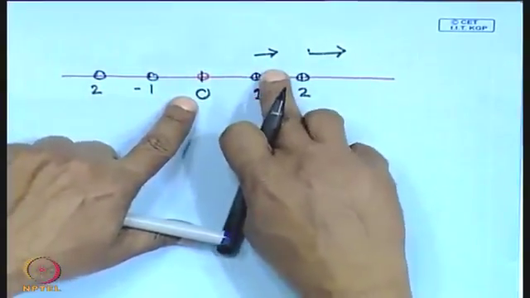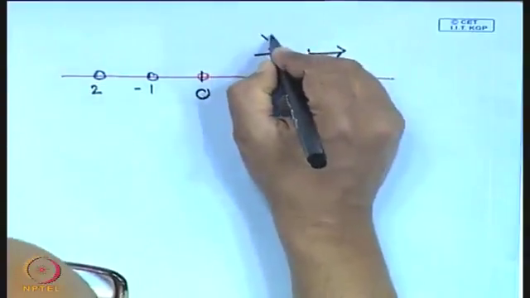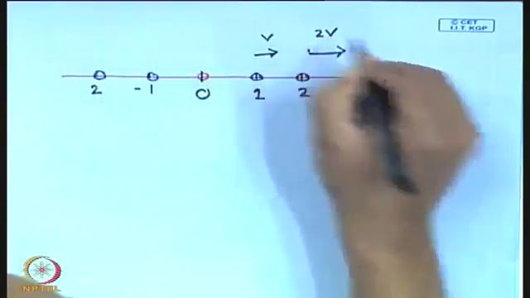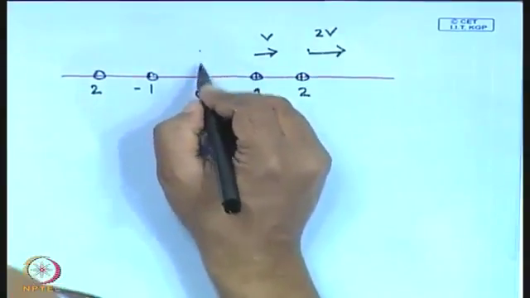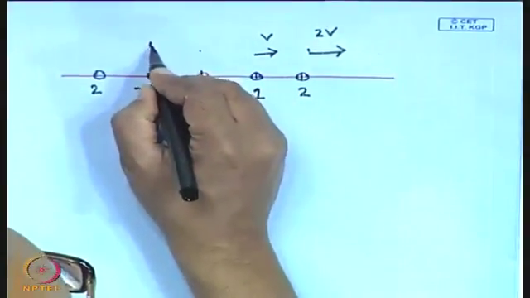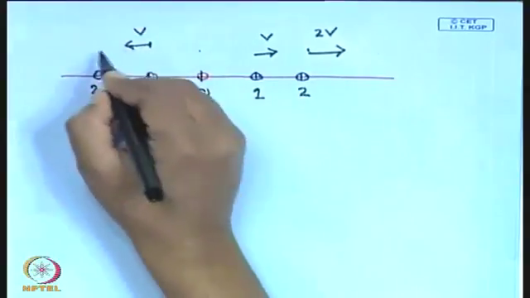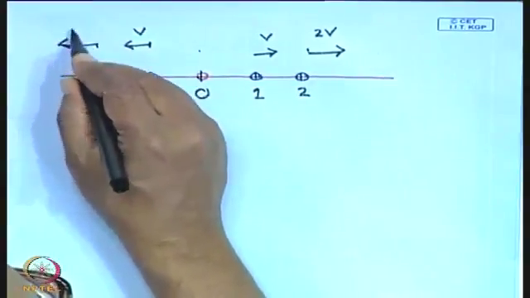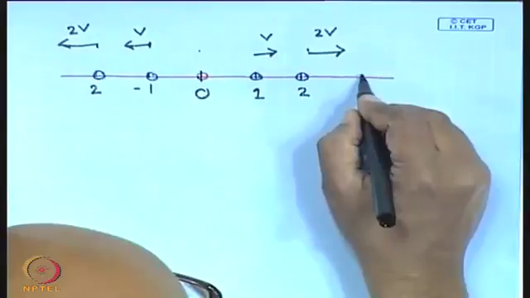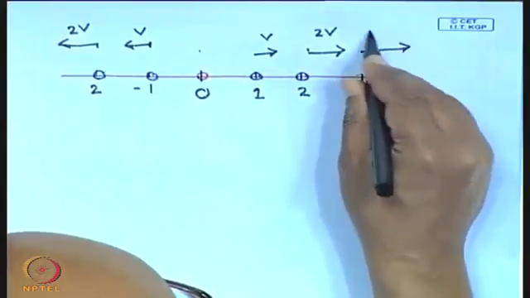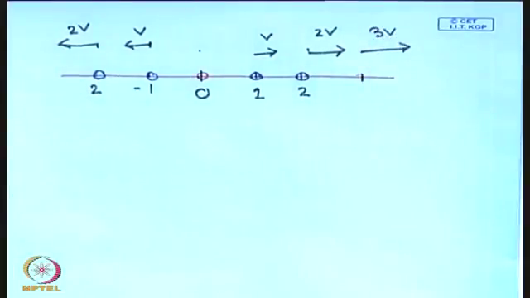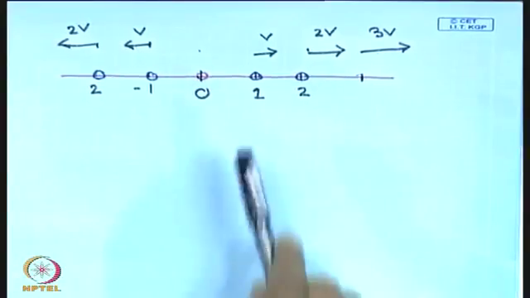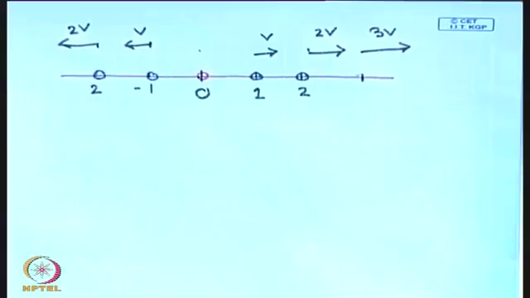So this will be moving away with some speed v, then this will have 2v, I am at rest, I am sitting here, a galaxy here will be moving away with the speed v, the galaxy here will have a speed 2v, a galaxy here will have a speed 3v, etc. Okay. And what we want to prove is that for an observer located somewhere else, that observer will see exactly the same thing.